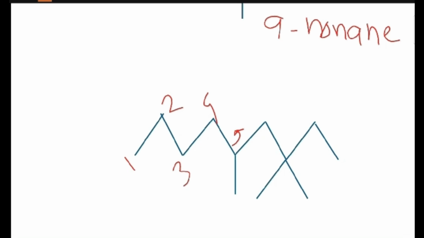So we can see on the left side the branch starts from the 5th carbon, and on the right side the branch starts from the 3rd carbon. So obviously we have to start numbering from the right. 1, 2, 3, 4, 5, 6, 7, 8, 9.